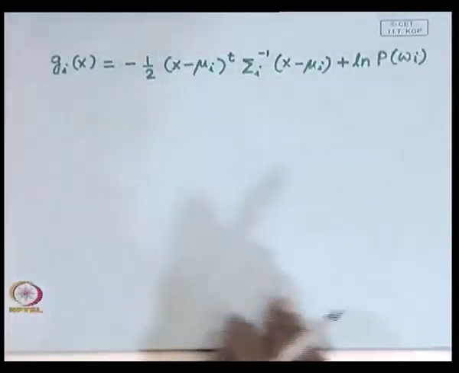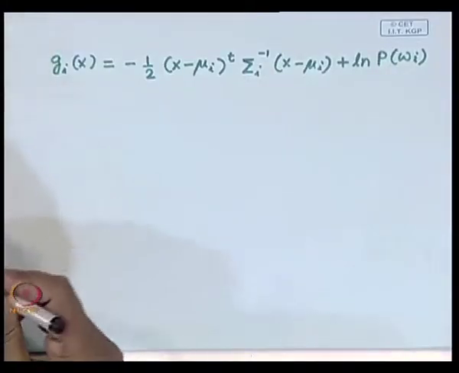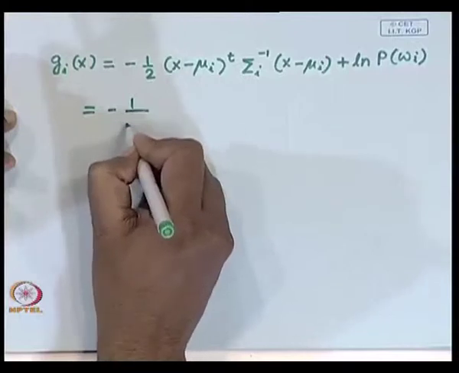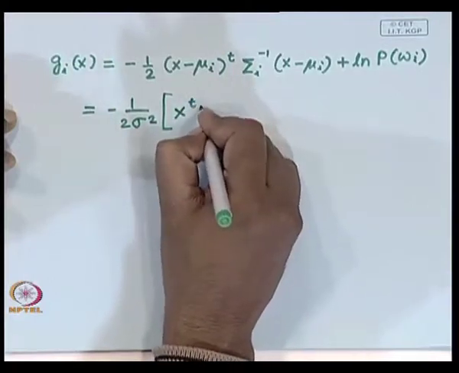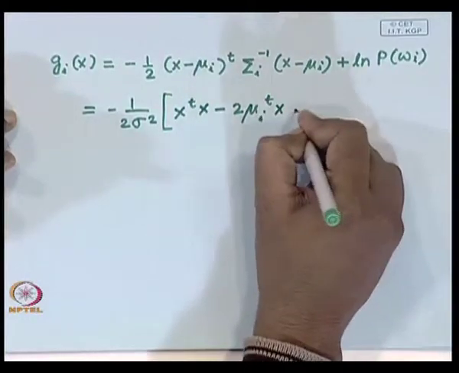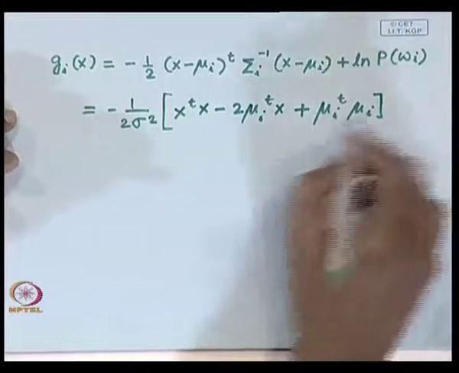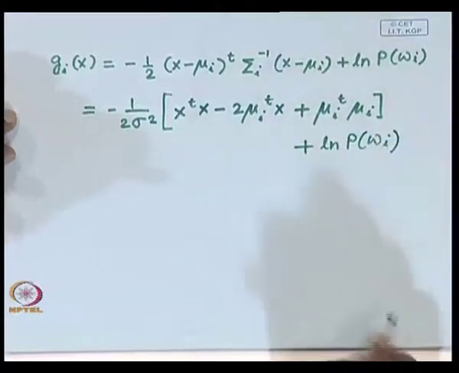So, we have this simplified discriminant function expression when Σ_i is equal to σ² into the identity matrix I. If I expand this term, you find that this expression can be written as minus 1 upon 2σ² into (xᵀx − 2μ_iᵀx + μ_iᵀμ_i) plus log of P(ω_i).